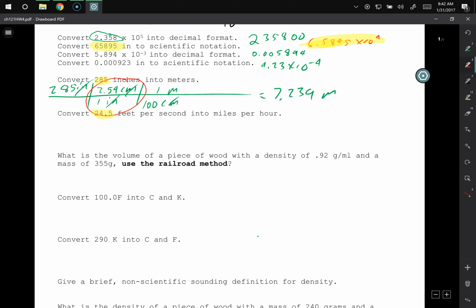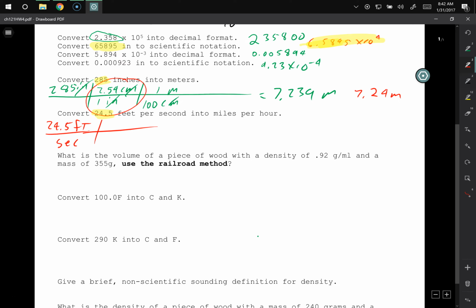So my answer is actually going to be 7.24 meters. Okay. So next one, we're going to convert feet per second into miles per hour. So go ahead and start off with this 24.5 feet per second.